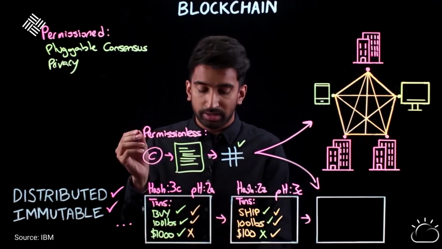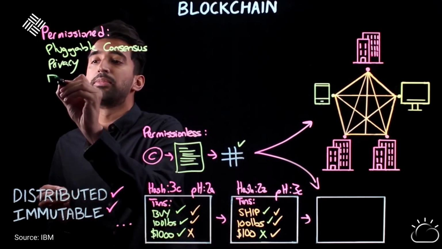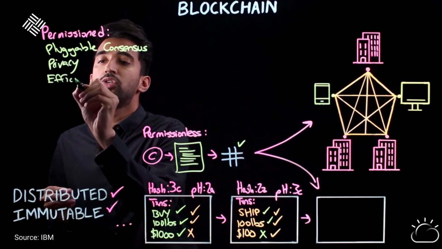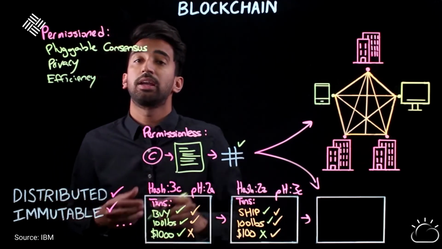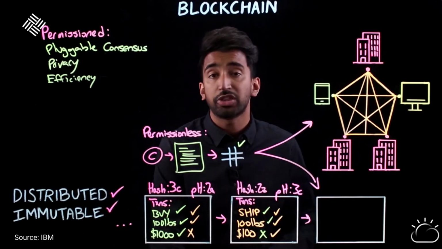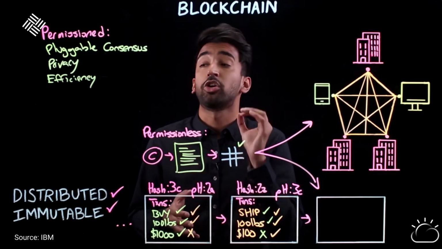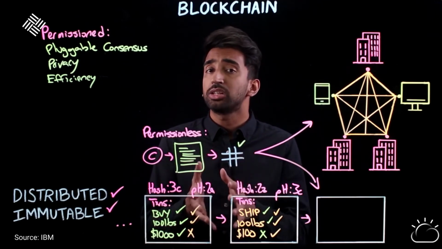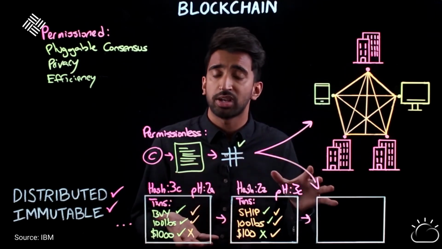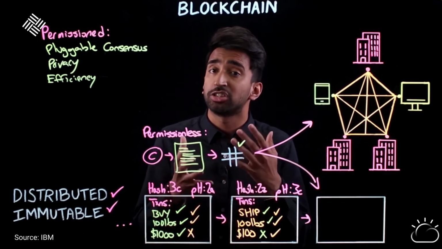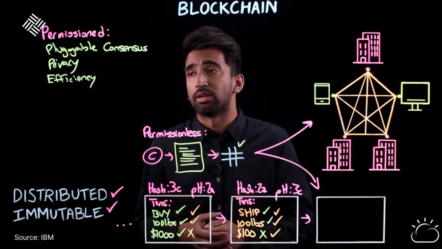The last thing I want to touch on here is the fact that in permissioned blockchains, you can really make transactions more efficient. I think one of the most successful applications of blockchain technology is something called smart contracts. Essentially, this is code that's running on the blockchain, and whenever certain conditions are met, it's automatically executed.